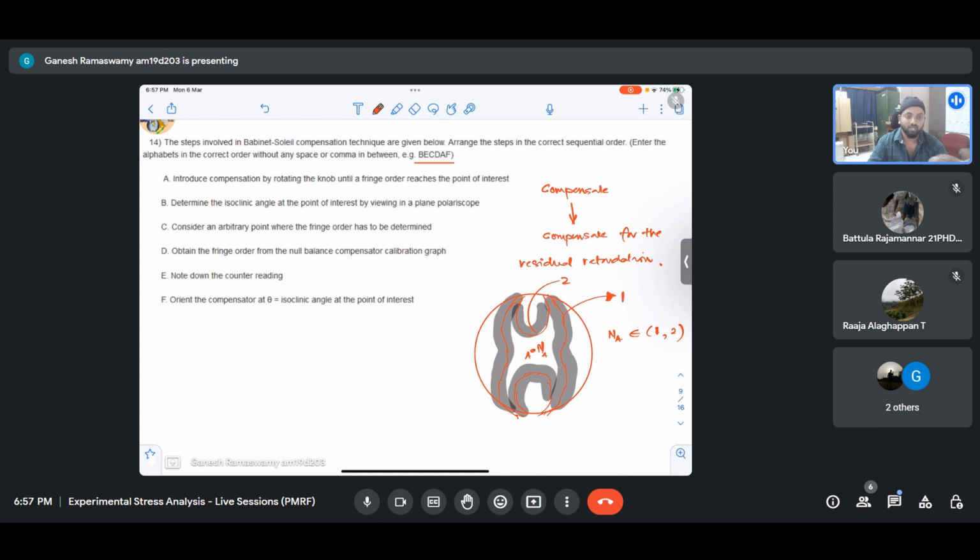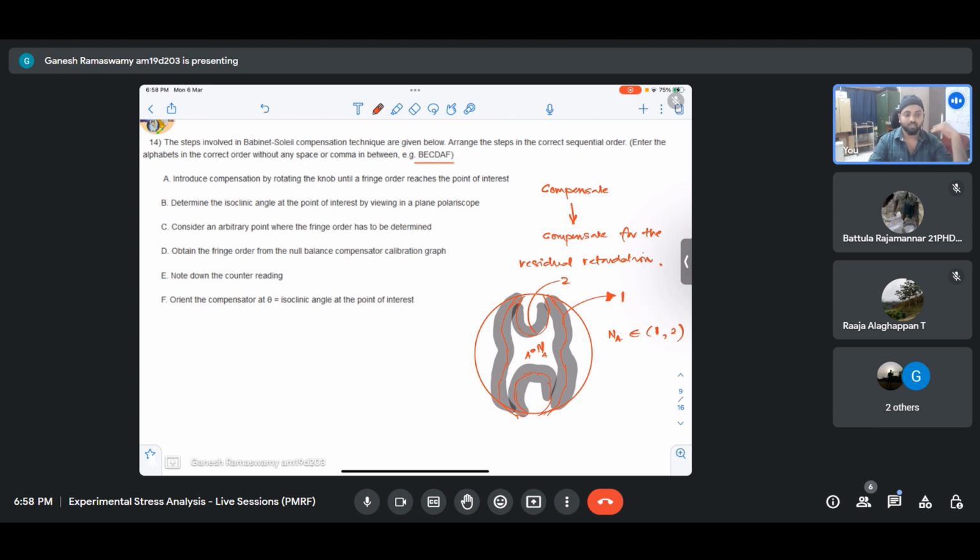Later, it was found with the strength of Jones calculus that we can achieve the same result. Instead of having external elements, we can simply rotate the analyzer and we will be able to find the integer and fractional fringe order at that point. This was developed and is called Tardy's method of compensation. But in the interest of covering it comprehensively, the lecture also covered this compensator and then went to Tardy's method of compensation.